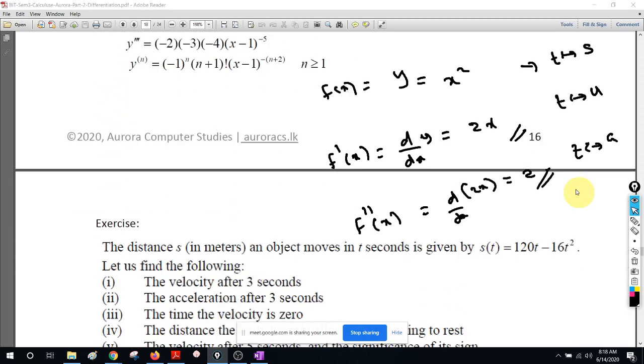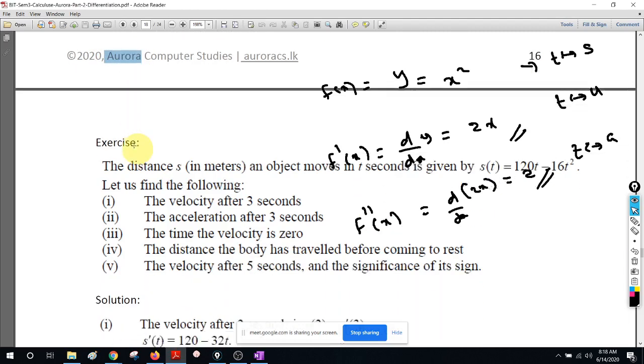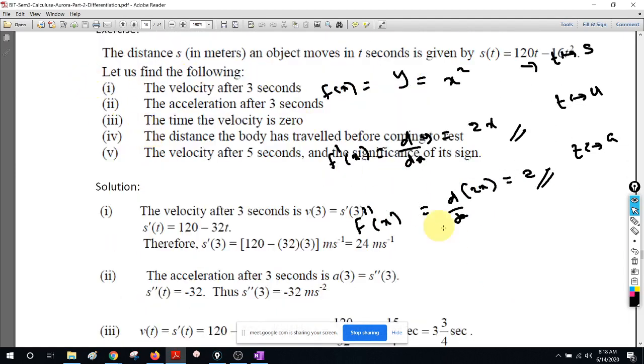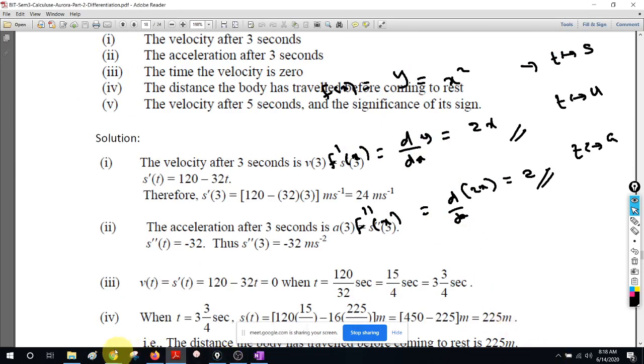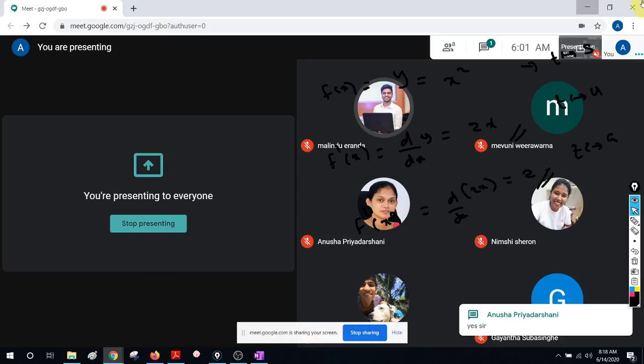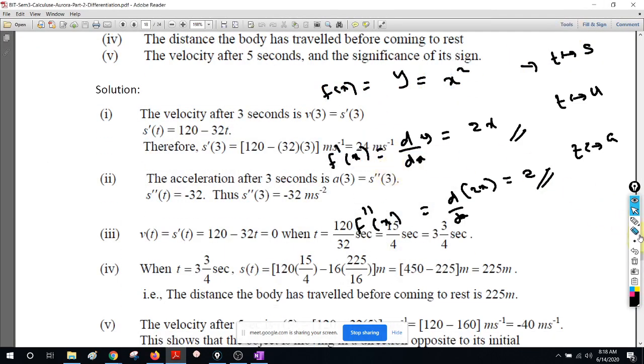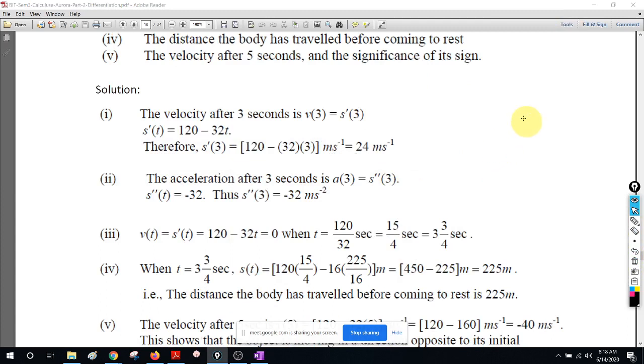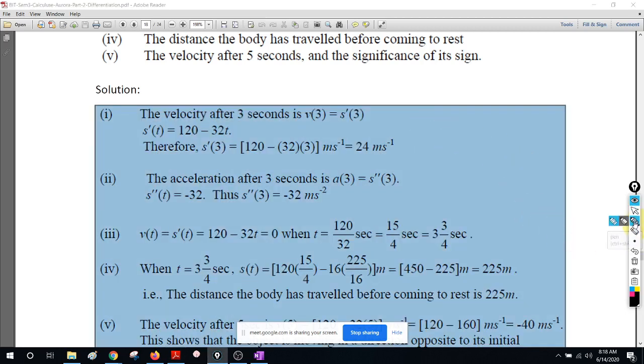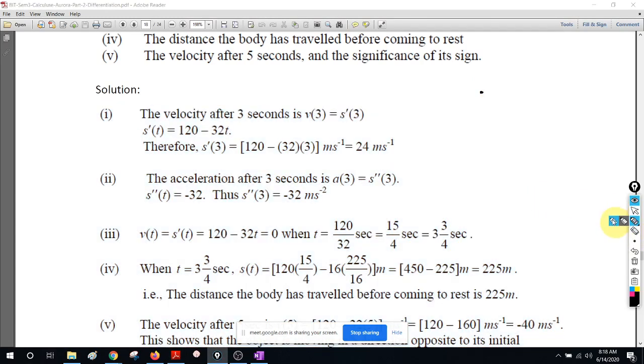So for example, if you have y equals sin x, we know that dy by dx equals cos x.